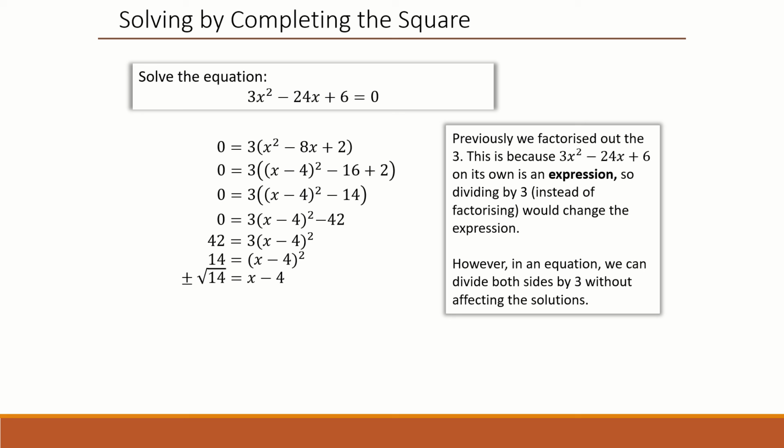Square root the equation, which should give you plus and minus root 14, as if you square positive root 14, you get 14, and if you square a negative root 14, you also get 14. So we have to take into account both answers. Move the 4 to the other side, and x should be given as 4 plus root 14 or 4 minus root 14.